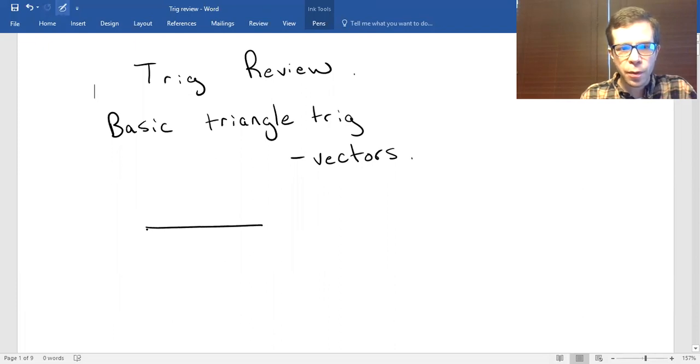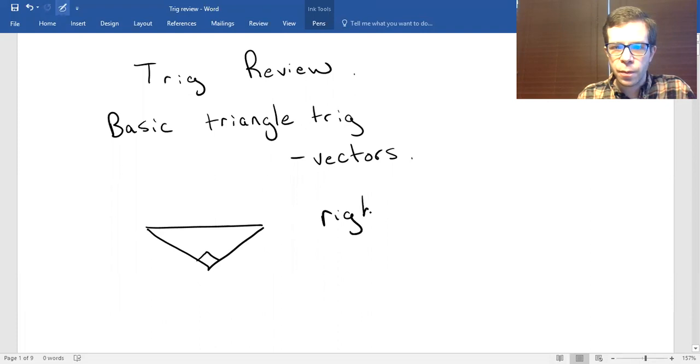Now let's start with the idea of a right triangle and define what we have.